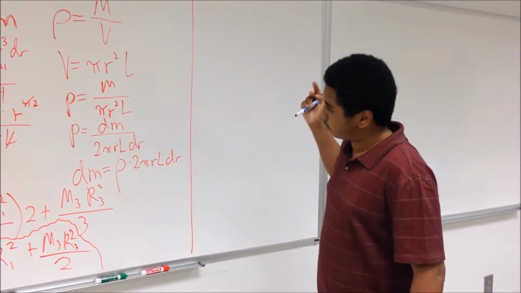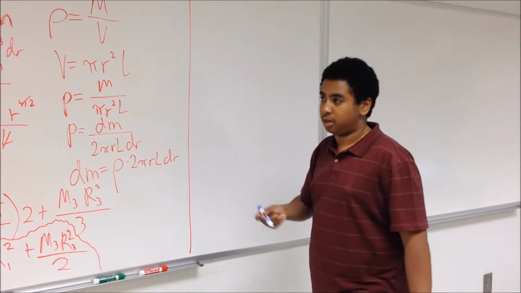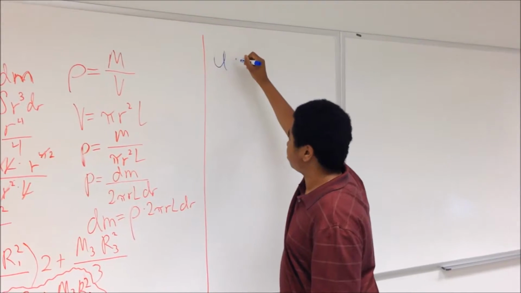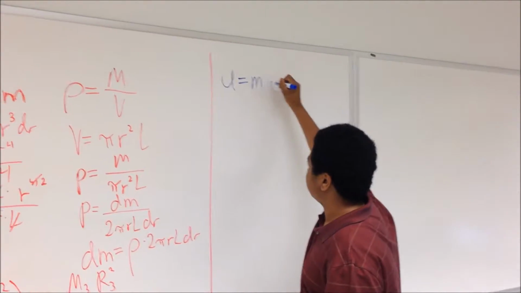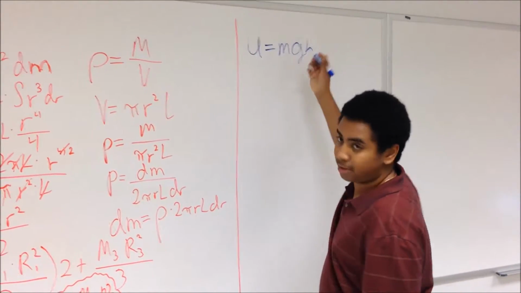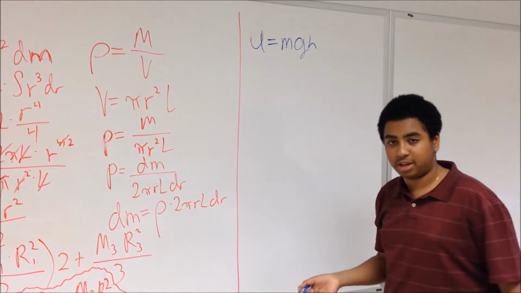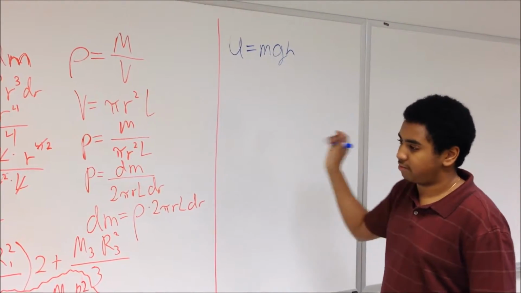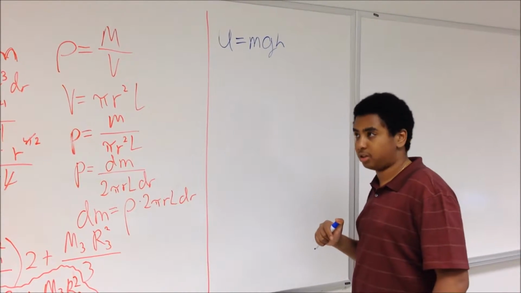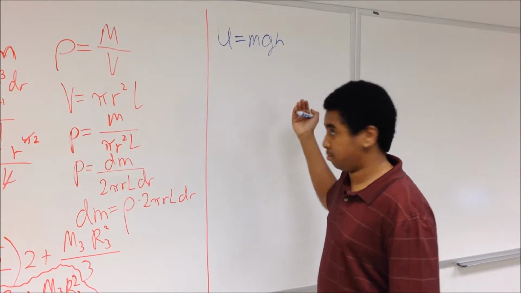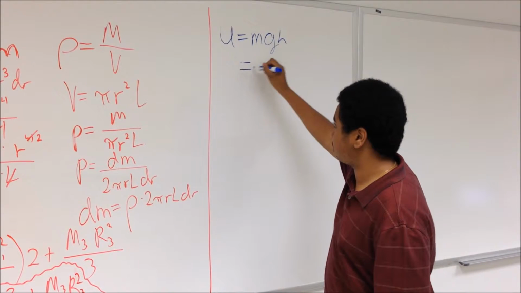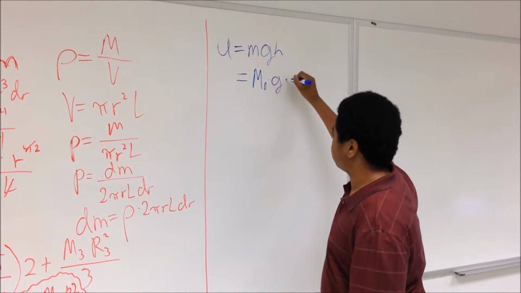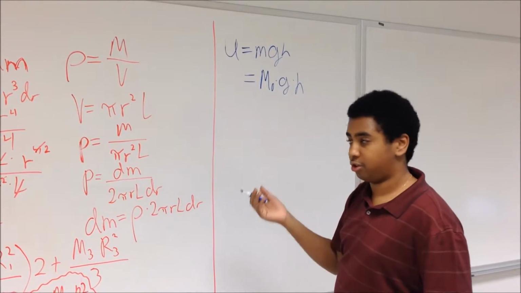So first of all, potential energy. This one's actually kind of simple, because potential energy is equal to mgh, where m is the mass, g is the acceleration due to gravity, and h is the height. So since I defined h already, and I defined m naught, the total mass, earlier, and g is a constant, the potential energy is actually going to be m naught times g times h. So that's the potential energy.